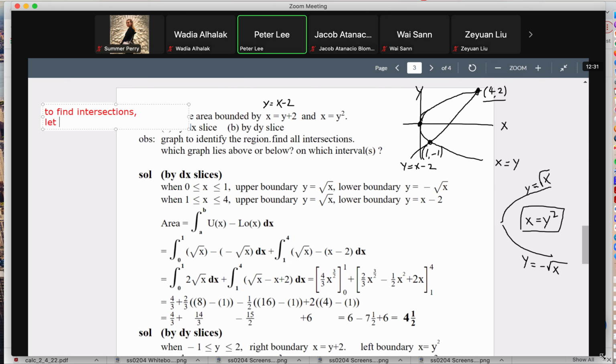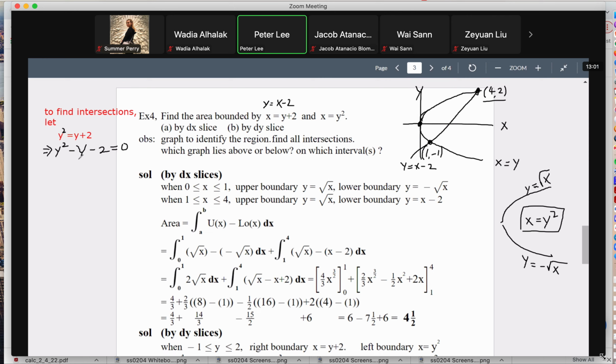Okay, let me write this here. We have x equals y squared and x equals y plus 2. So we can equate the 2 x's and then we get y squared. We get y squared minus y minus 2 equals 0.